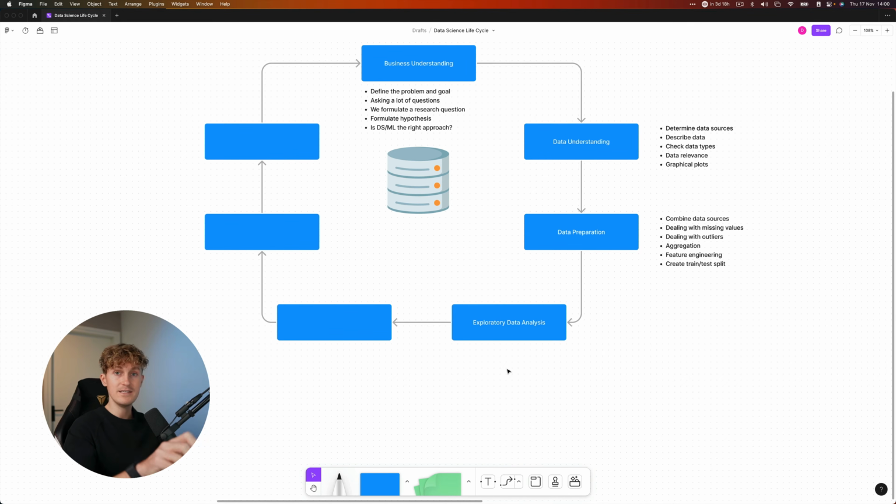And we already start to get a sense of what parameters, what features have some predictive power for the target variable that we want to predict in the end. So basically, what variables are useful and what variables are not useful. And by doing this, we get an even better understanding of the data.